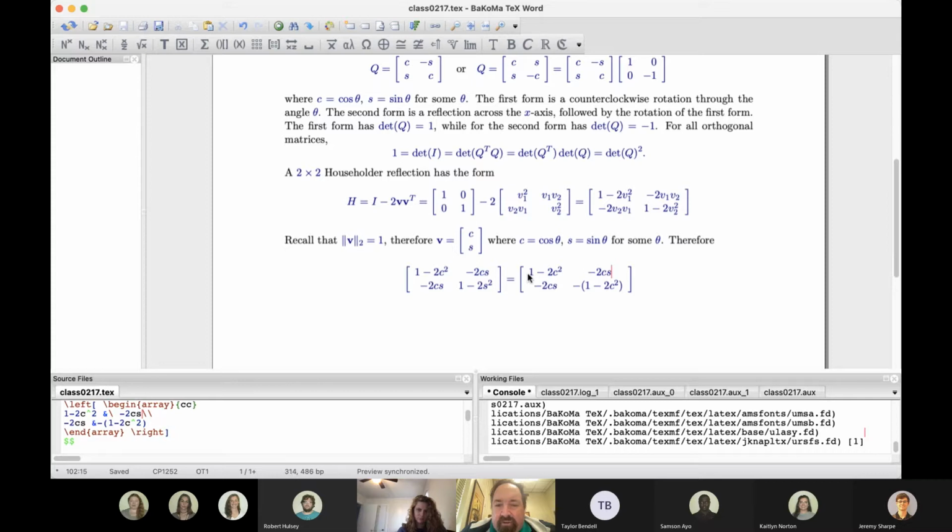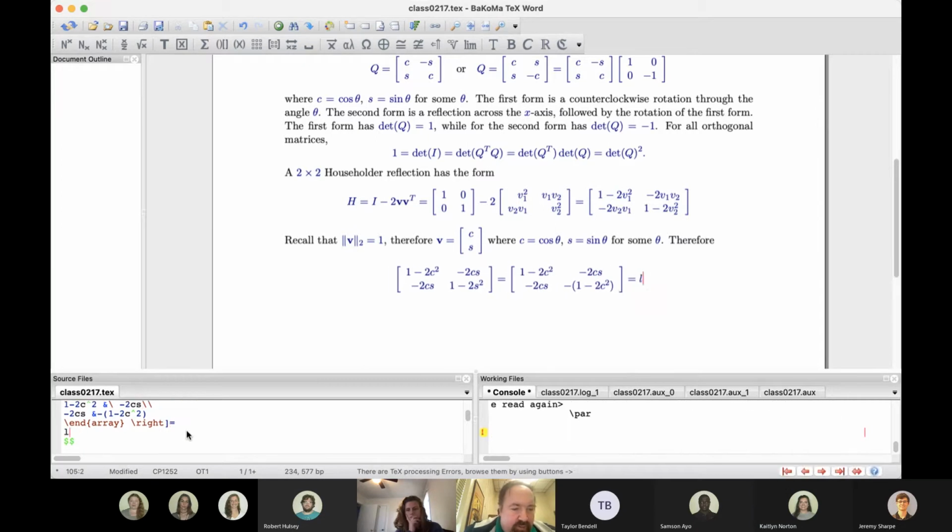What's that a trig identity for? Or 1 minus 2 cosine squared theta. What's that a trig identity for? We might not have anybody here who's taught trig, but you will someday. Is it the double angles? Yes, they're both a double angle. So the off-diagonal entries have a double angle formula for sine.